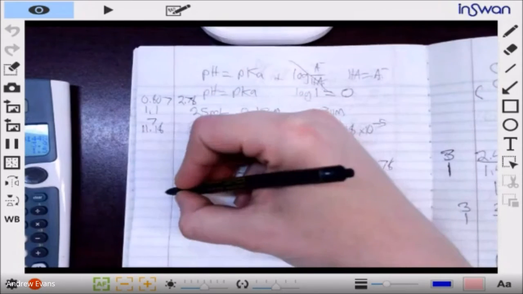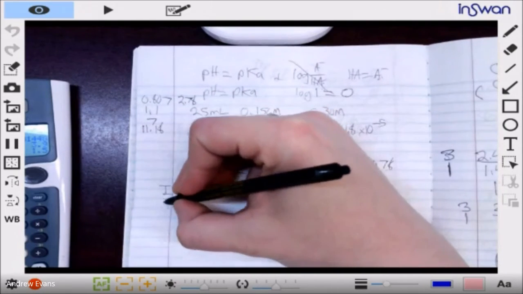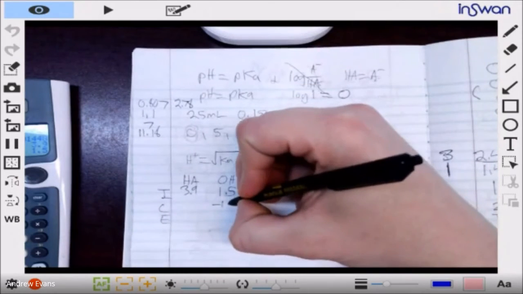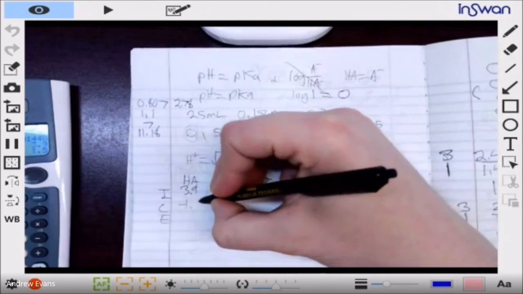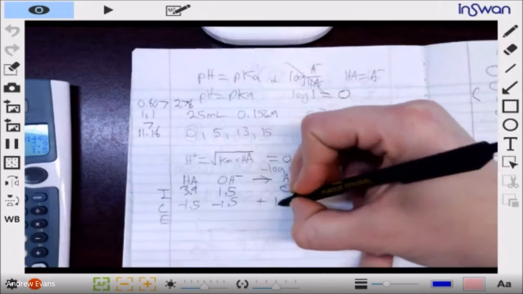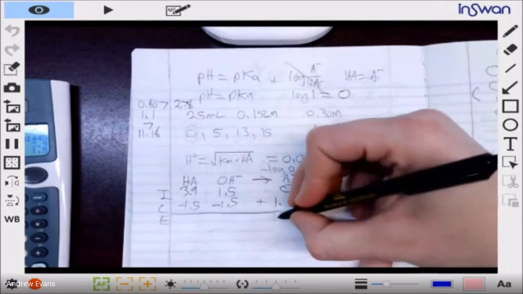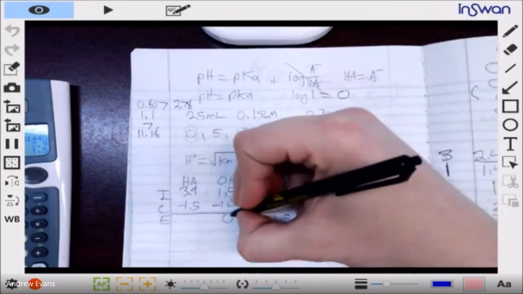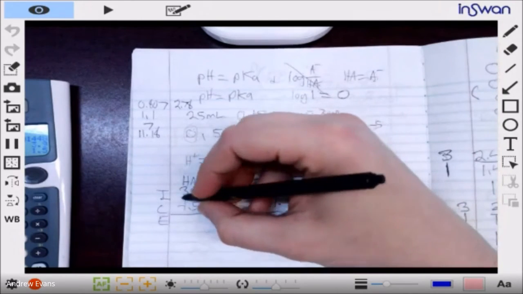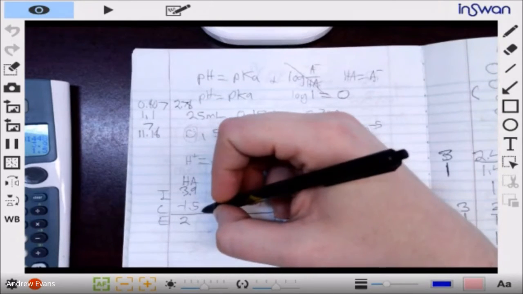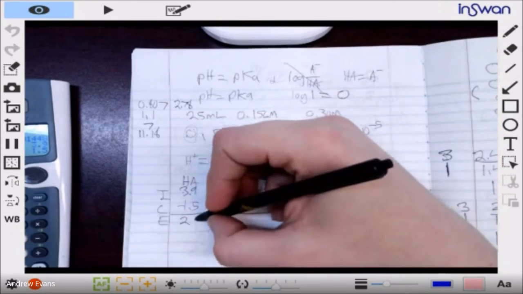So when we subtracted out our base, we added that amount to the A minus on the other side. So 1.5, and that became 2.4.